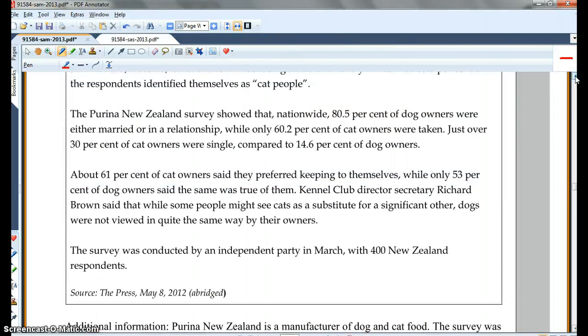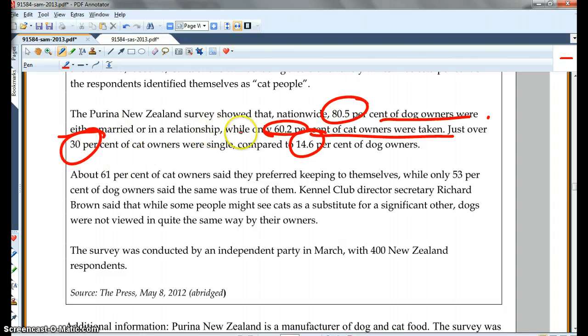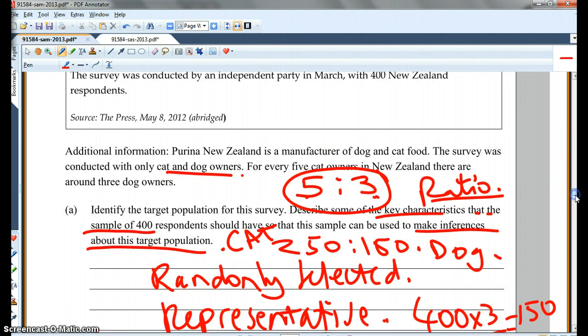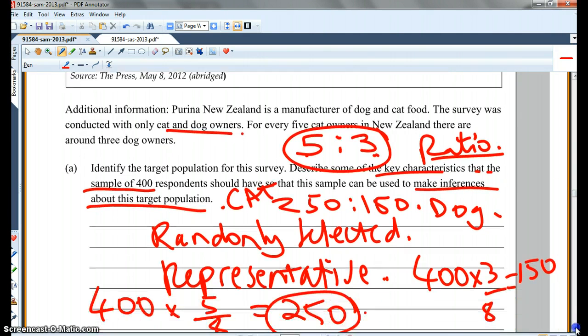So let's go back up and find those percentages. Okay. So 80.5% of dog owners were either married or in a relationship, while 60% of cat owners. Okay, so which one are we more interested in, a relationship or what? Are we looking at the single ones? 30% of cat owners were single compared to 14.6% of dog owners. So we need to read the question carefully.